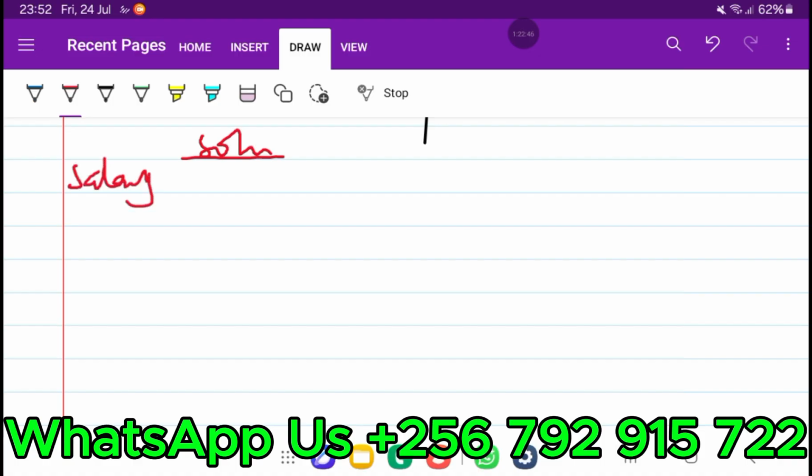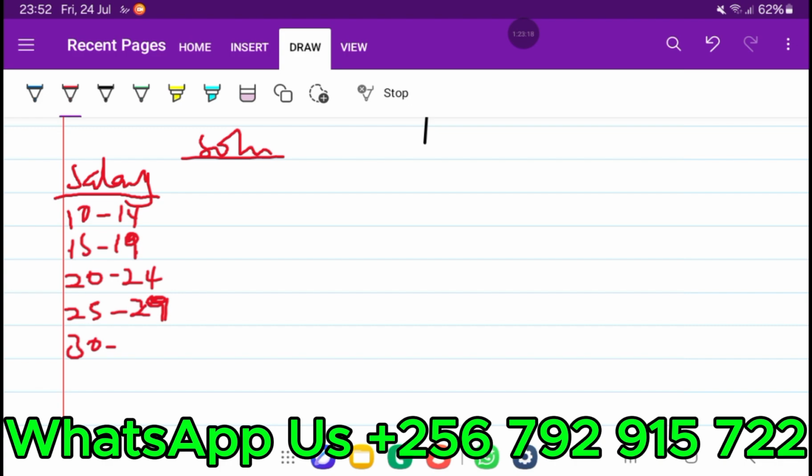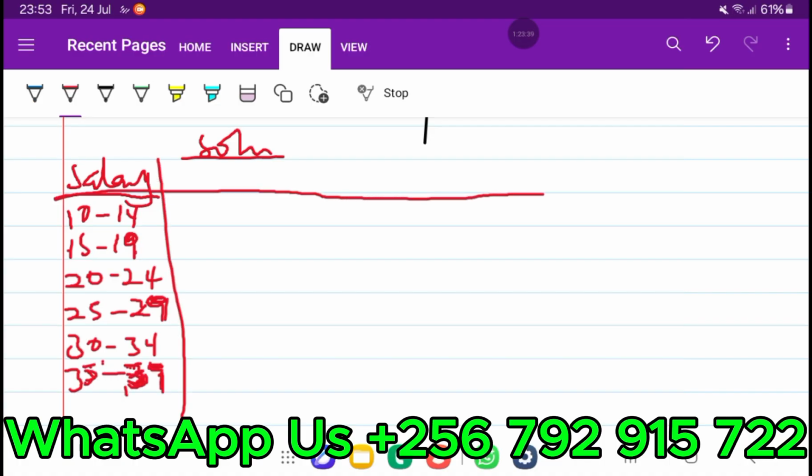Those are the classes: 10 to 14, 15 to 19, then 20 to 24, 25 to 29, 30 to 34, and then 35 to 39.